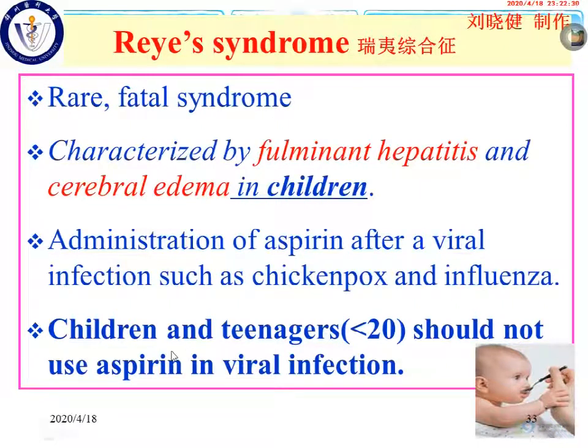So children and teenagers under 20 years old should not use aspirin in viral infection to treat fever. It's actually better not to use aspirin to relieve fever in children, to avoid these serious adverse effects.